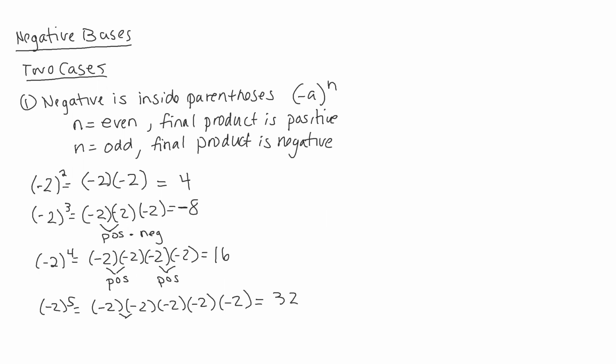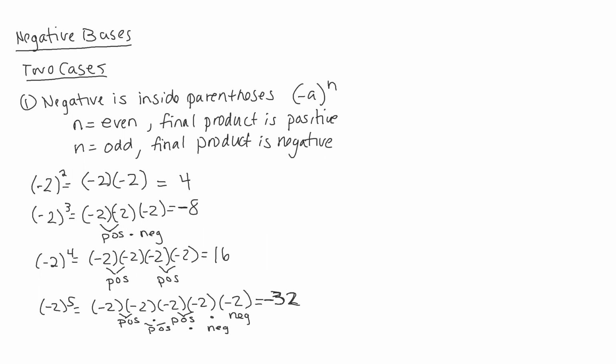Well, the first 2 pairs become positive. So we have 2 pairs of -2, each becomes positive, but then I've got this negative over here. So when I multiply those first two positives out, I get a positive, and then I get a positive times a negative. Either way you slice it, you're going to end up with negative 32.